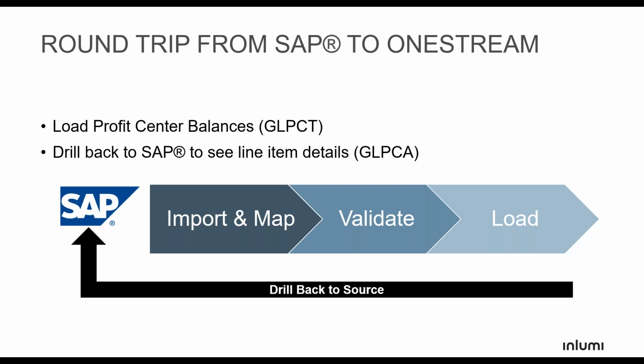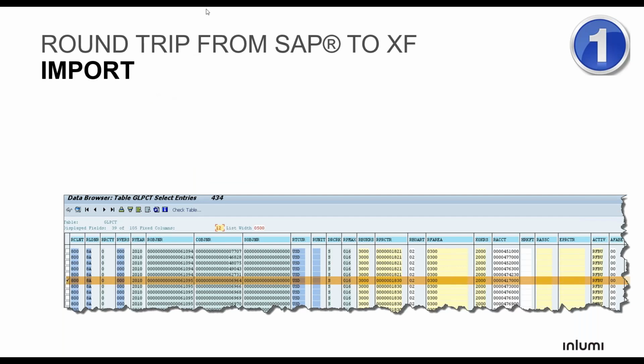How do we do this? We follow the stage or the OneStream integration workflow. We import the data, we convert the data, we validate our data, we load into our OneStream cube or our financial model, and then we drill back to the source. All this without leaving OneStream. So for the import, we have our data in SAP.